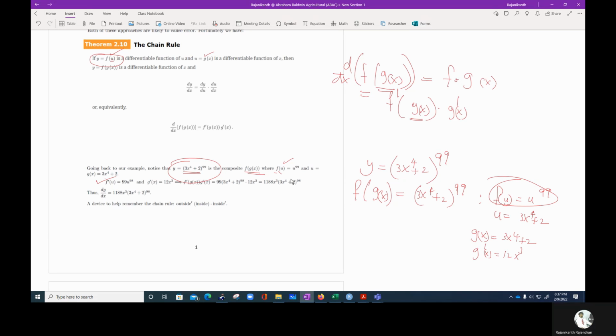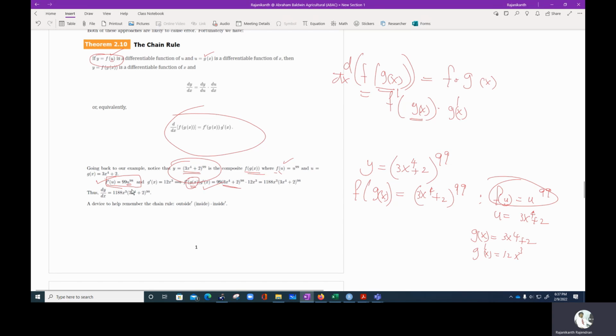So then apply this formula to find the composite function derivative. That's why you are seeing this step. The f prime function is here, 99u to the power 98. You are finding the f prime function but replacing u by g(x) now. That's why in place of u, you see the g(x) function, which is nothing but 3x^4 plus 2.